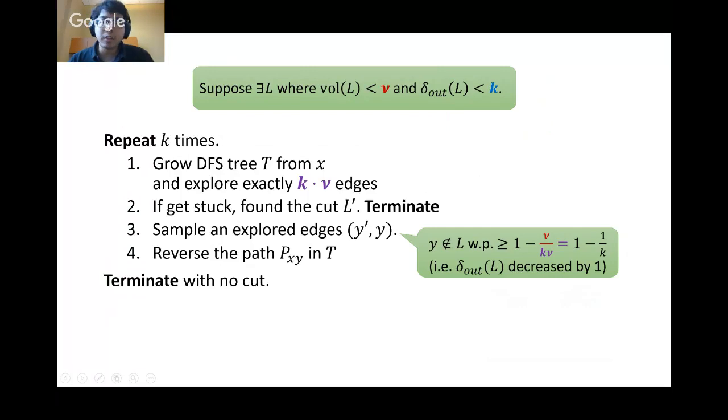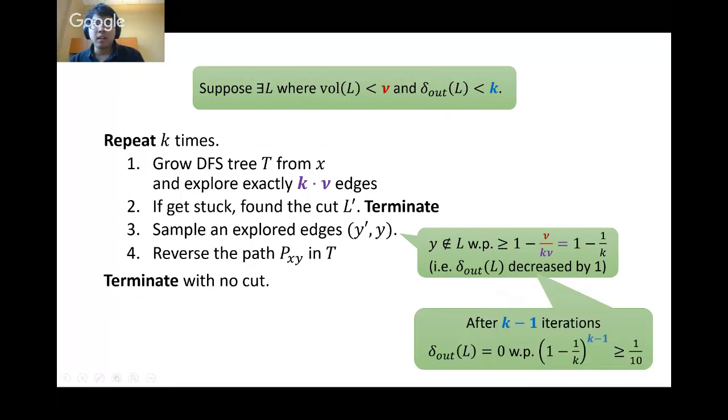And once you have that y is outside L, then when you reverse the path, the cut size must decrease by 1. And then after k minus 1 iterations, the probability that y is outside L in every iteration is quite high.